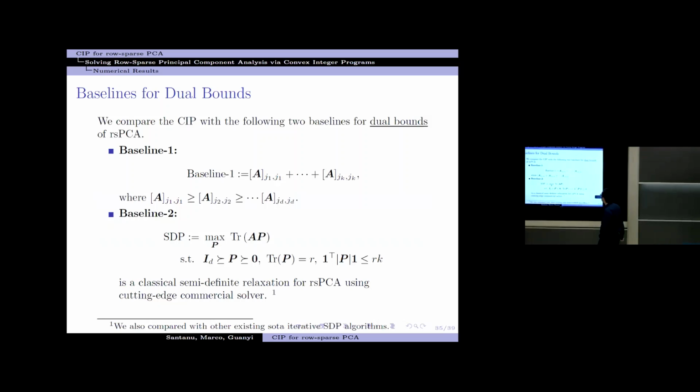So we compare the convex integer programming upper bounds verification with the following dual bounds baselines. The first one is very straightforward. We just consider the summation of the diagonals of the top k largest components, and the second one is the SDP relaxation of the original problem.